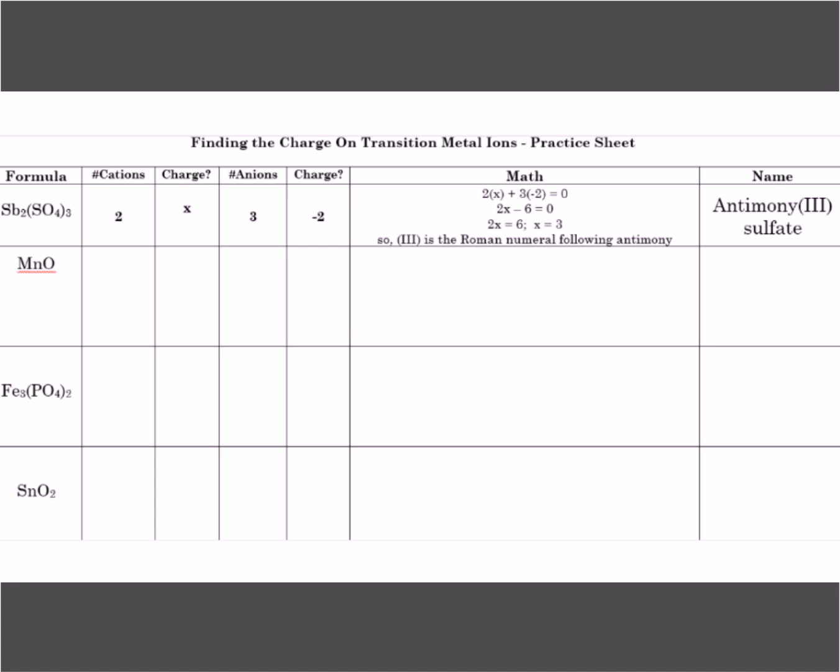Type 1, where we know their charges, it's super easy. Right? We basically just look at their ions, we put their names together. Right? So like sodium ion and chloride, it's sodium chloride. Transition metals, though, we have to have that Roman numeral with it. We got to figure it out. So here we go. This is kind of what we're going to do, guys. This looks more complex than it actually is.